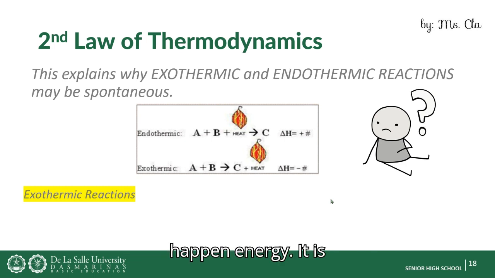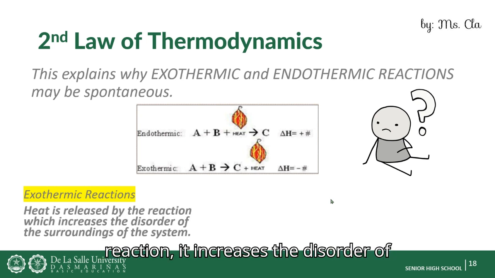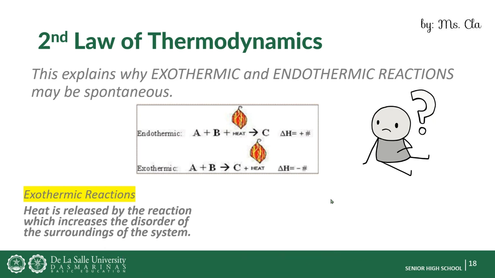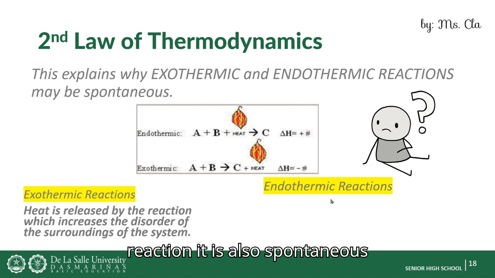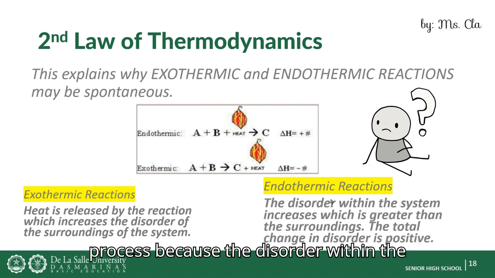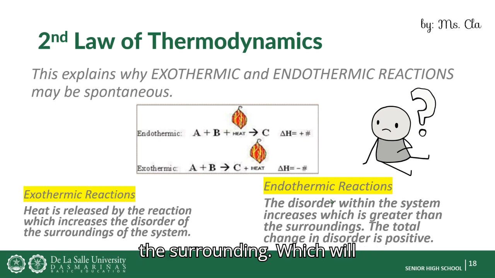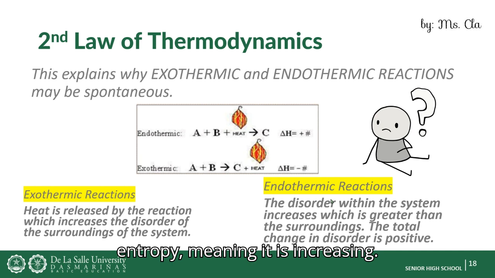It is because when heat is released by the reaction, it increases the disorder of the surroundings of the system. Meanwhile, an endothermic reaction is also a spontaneous process because the disorder within the system increases, which is greater than the surrounding, which will have a positive value for entropy. When we have a positive value for entropy, it means it is increasing.